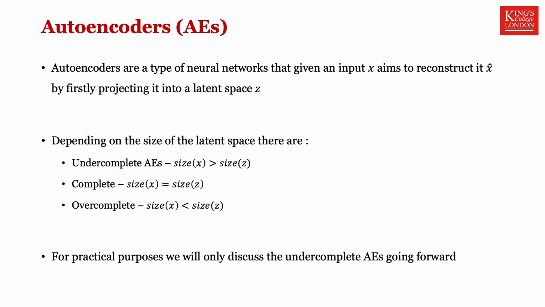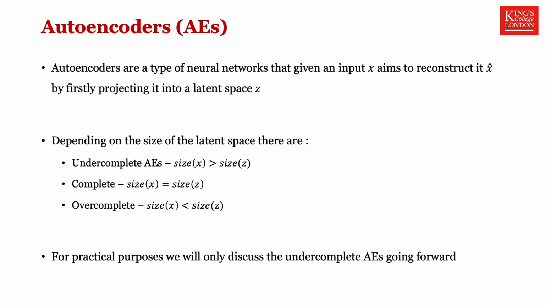If the size of X is bigger than the size of Z, then we are looking at under-complete autoencoders. This is the more common situation, where the input data dimensions are larger than the compressed latent space Z, because that means we are compressing information and learning something maybe a little more meaningful.